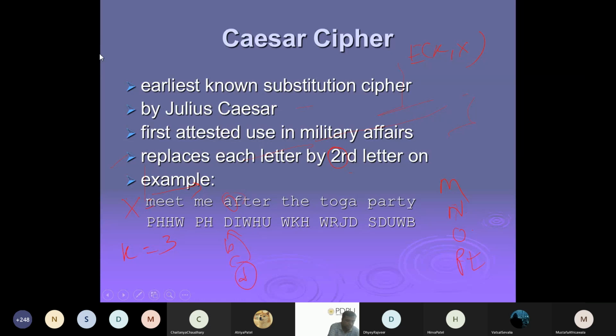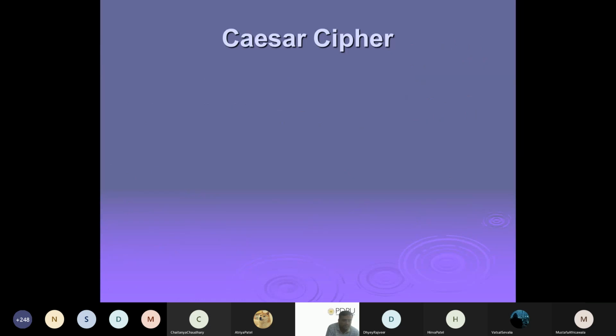Okay, fine, this is also fine. This is what we want to make. Okay, so this is my function. So what will I write here? K means the key. So in our case, K is equal to 3 and X is the message.